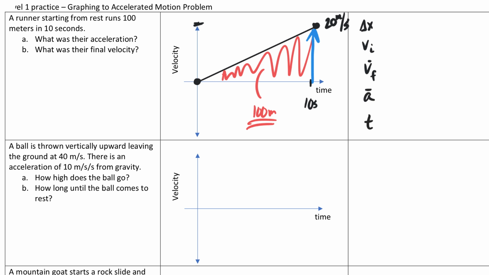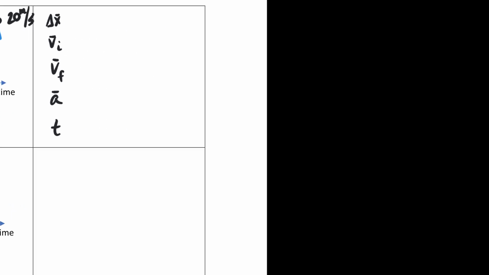Have you noticed every one of these problems revolves around these 5 things? These are called the 5 motion variables. And every one of these problems is revolving around these 5 things. You have at your disposal currently 3 relationships that involve those things.